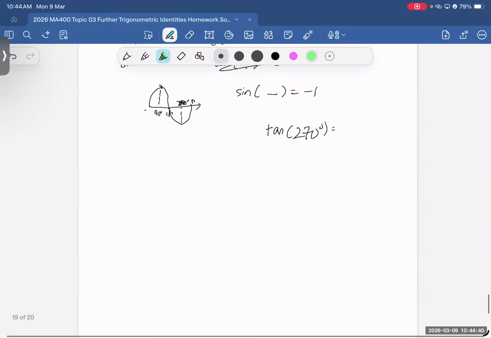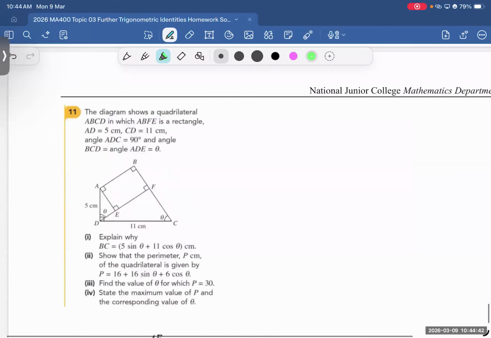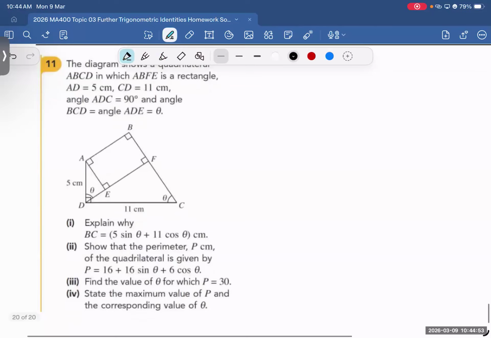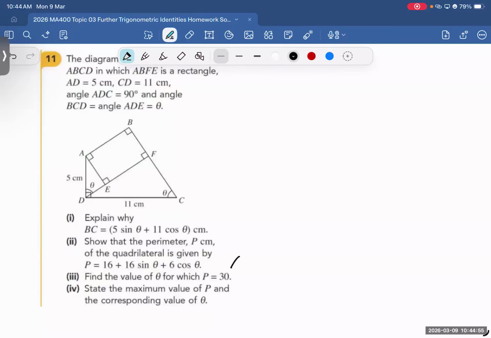Question 11. Do I need to go through part 1, part 2? I think it's okay. Part 3 got problem. Part 3, theta is 34.5.